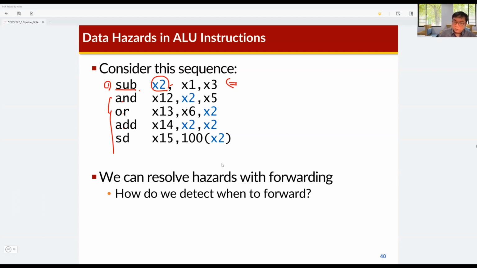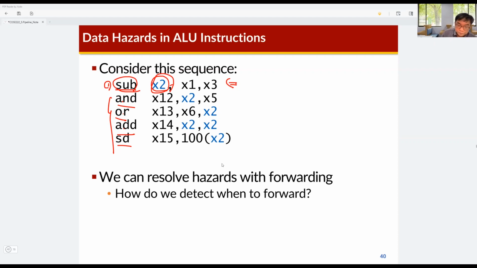The result of this sub instruction is actually produced at the end of the EX stage, and the following instructions require this data in X2 in the EX stage.